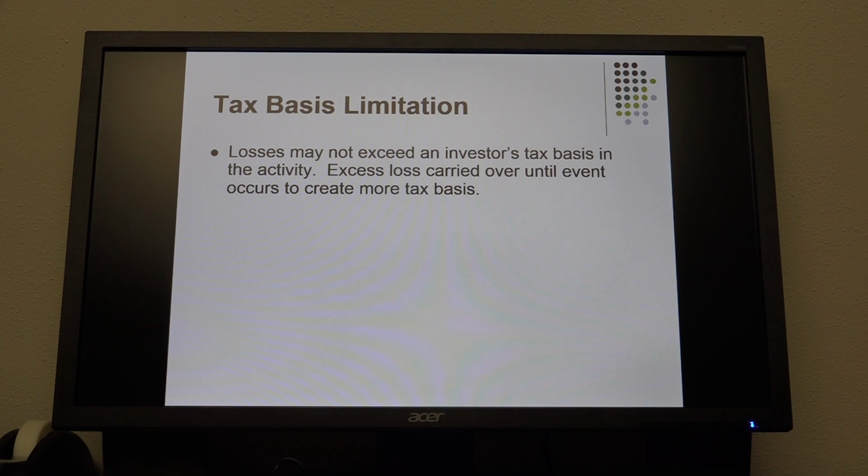The tax basis limitation just says that losses may not exceed the investor's tax basis in the activity. Excess losses are carried over until some event occurs that creates more tax basis.